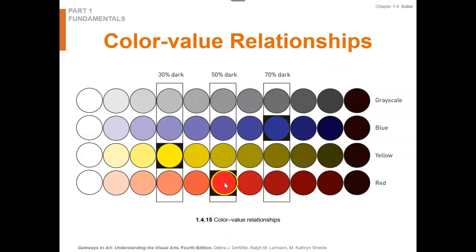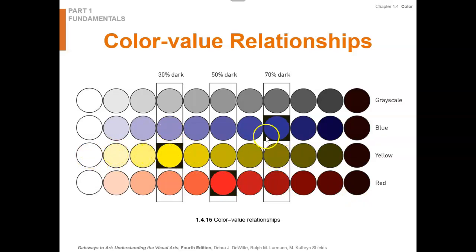So this is a good model to give you an example, right? This is your hue, red, and then once you add white to it, you're making it lighter, lighter, lighter. So these are different values of the red. And then if you put other colors into it, you're going to get a darker value, right? These are your tints, and these are your shades.